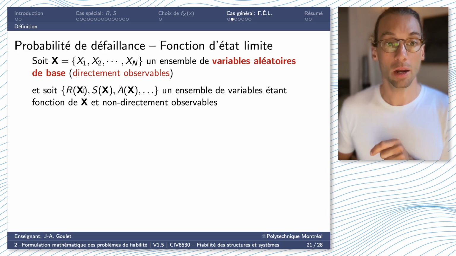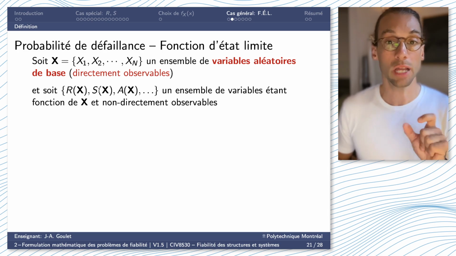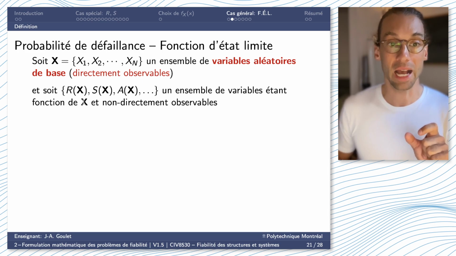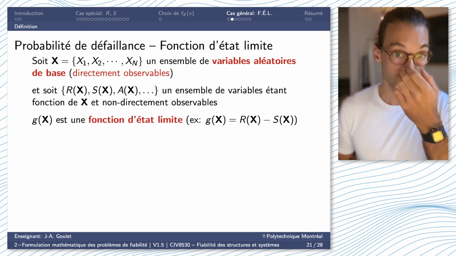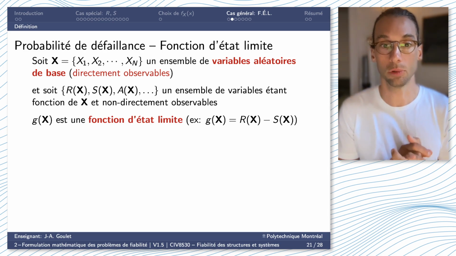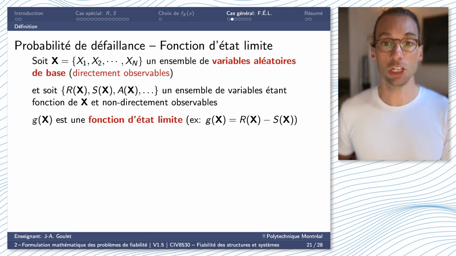The resistance and solicitation are not directly observable, only X is. So for instance, in a simple case, we're going to define g of x as a limit state function.